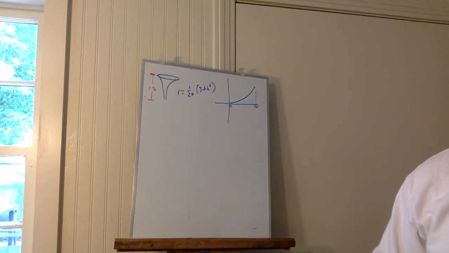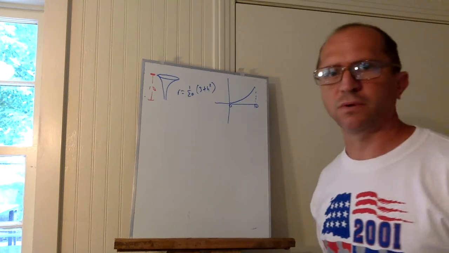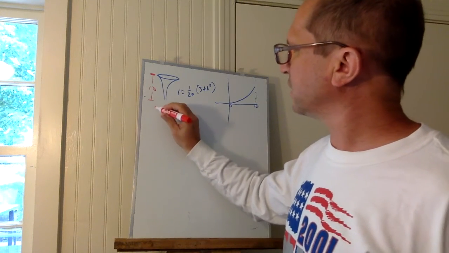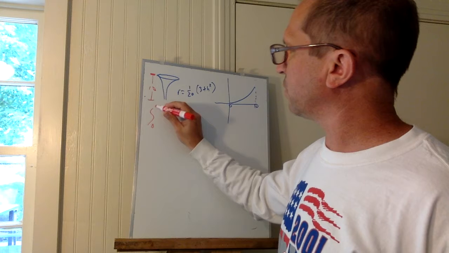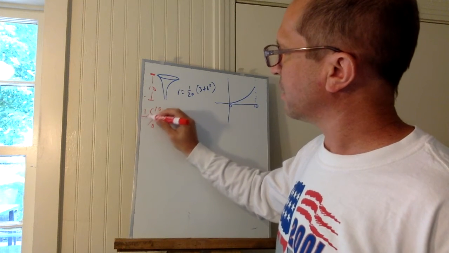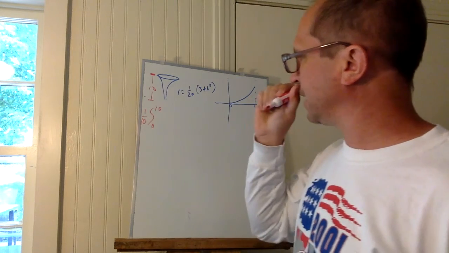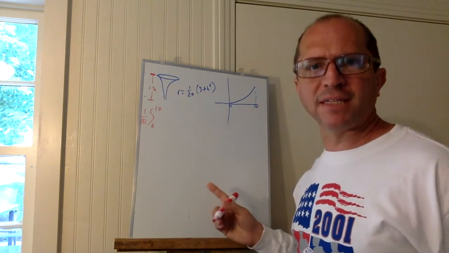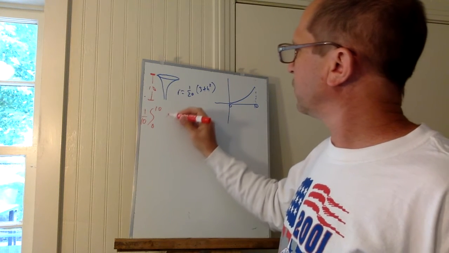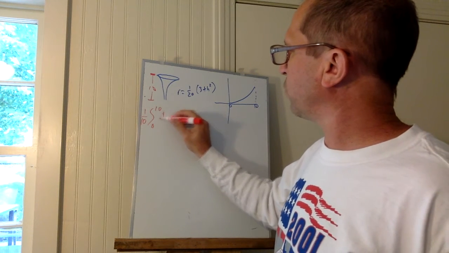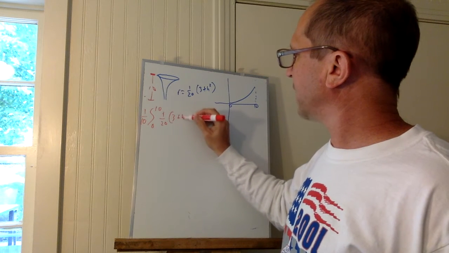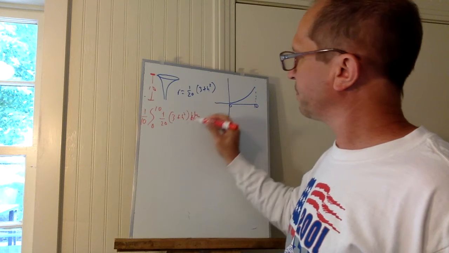Well, average value, you think average value of a function. What do they give us? They give us the function for the radius. So let's go from 0 to 10, and I'm going to pull the 1/20th outside, but I also have that 1/10 because it's 1 over b minus a. So it's going to be 1/20th of (3 plus h squared) dh.